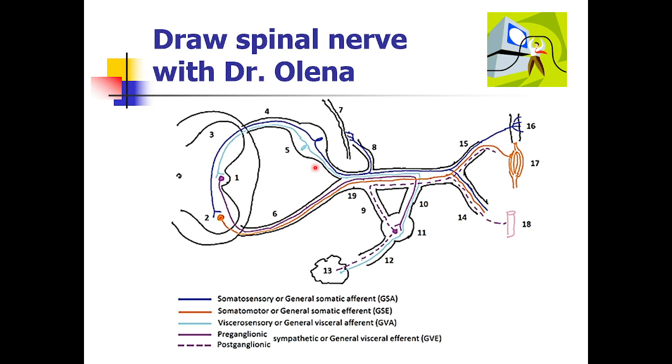Now, I can discuss the mechanism of referred pain with you based on this concept. You guys remember when the patient is having myocardial infarction? Yes, the pain is coming from the heart. That pain depends on my light blue, my visceral afferent. But while this pain is getting to the dorsal root ganglion, all pseudounipolar sensory units are there, those responsible for skin and those responsible for the heart.